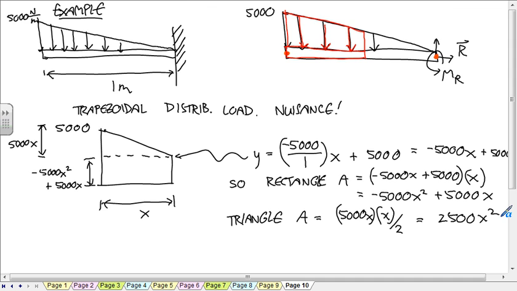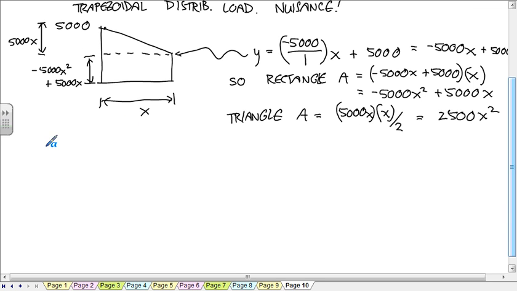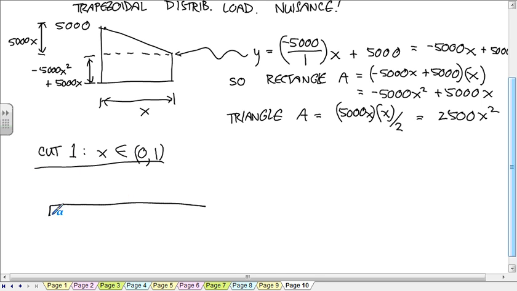And now you can treat those. So now when you go to your cut, this is valid for all x's from 0 to 1. You can just treat it as two separate forces.